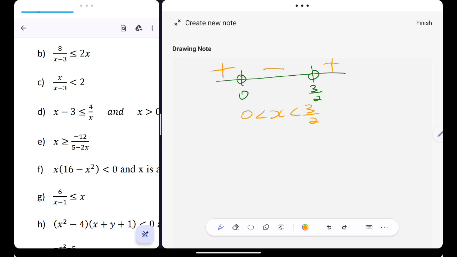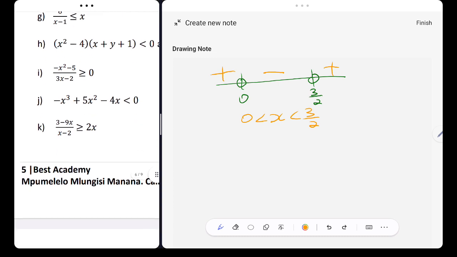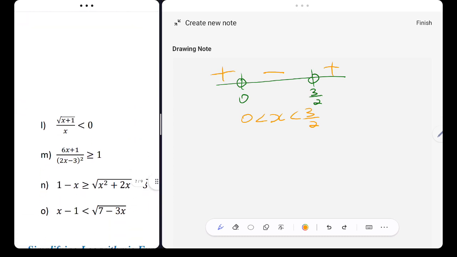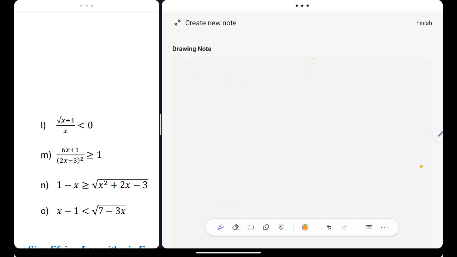Let's do another one. Let's do the sets first before I explain that other guy. Whenever we deal with sets, we must always remember to write restrictions. If I have x minus 1 less than or equal to the square root of 7 minus 3x, for me to even continue, I must first write the restriction.